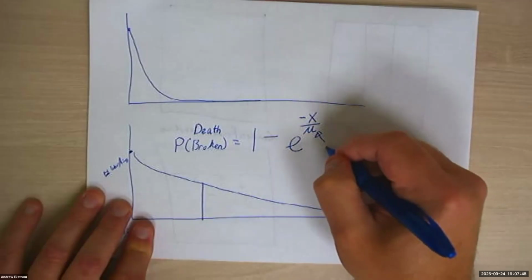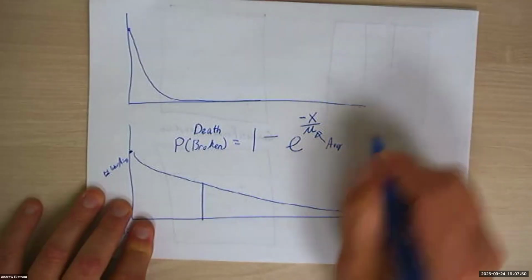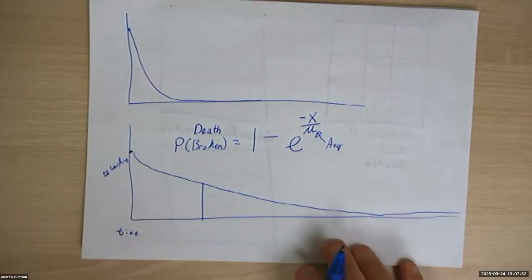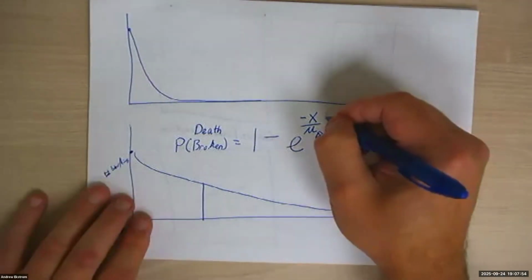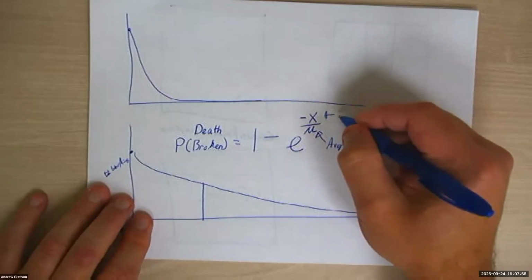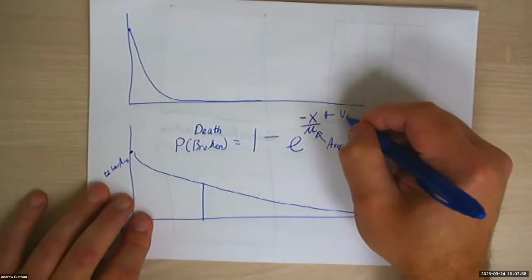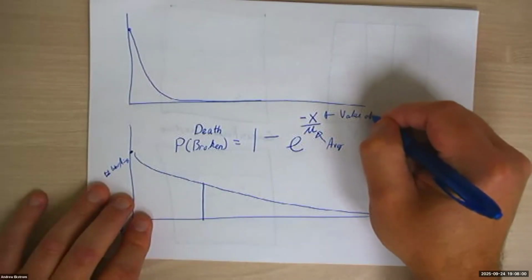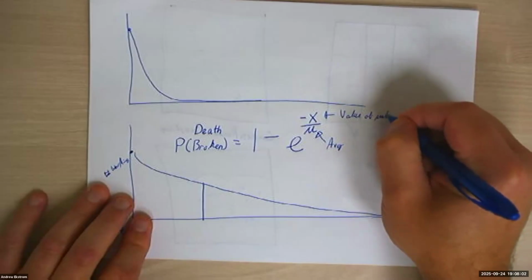This mu here is the average. The x value on the top is whatever your value of interest is.